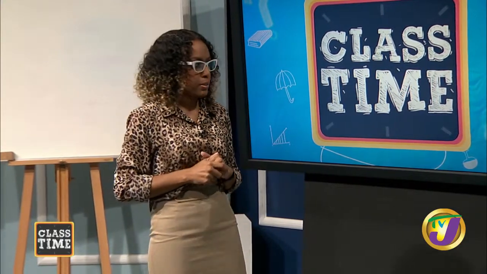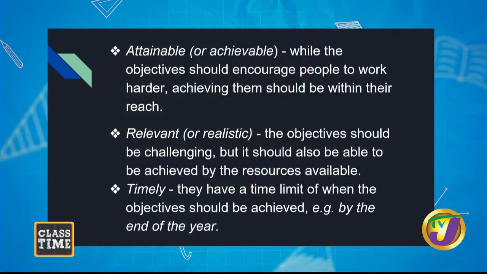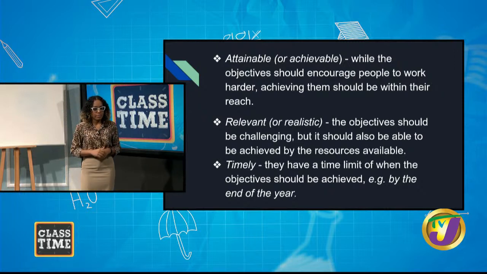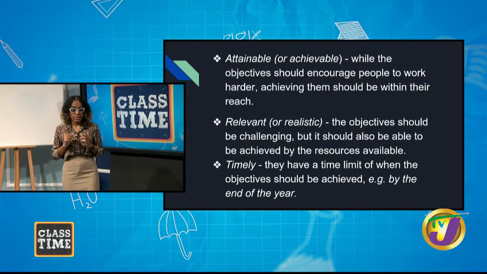So remember that. And the final one we're looking at is timely. They have a time limit for when the objectives should be achieved. Remember, from the beginning of the lesson, I said that generally speaking, we're talking about an aim. You're not being too specific, and you're not sure when you want this achieved. But for objectives, you want to ensure that they are SMART.